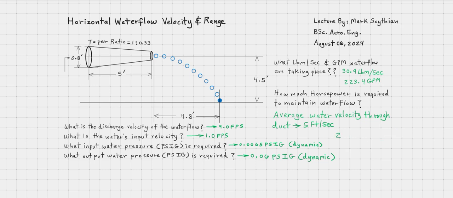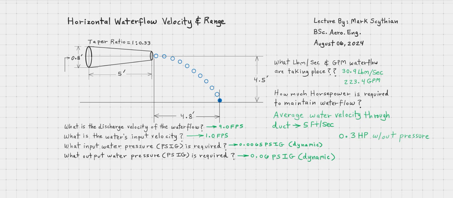Then if we divide that by 0.737, we get 209.6 watts, divided by 746. So it's 0.3 horsepower without the pressure ratio.